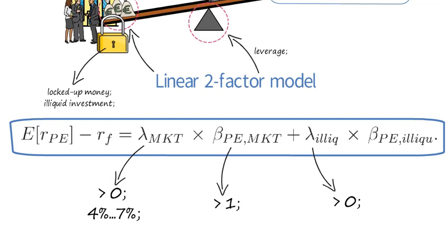And likewise, the beta for a private equity investment with regard to illiquidity is thought to be also positive because of the lockup. Now, that shows us that private equity needs to pay higher returns than the market. First, because it carries more market risk because of the leveraging, and second, because of its illiquidity, and both being systematic risk factors in our two-factor model here.